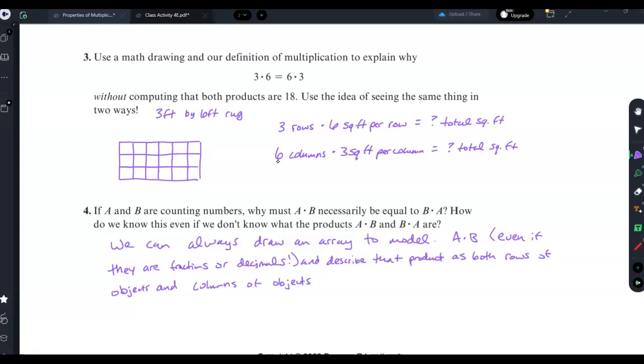So for any numbers, right? Not just 3 times 6. So we could say any number A times any number B. That would be A rows and B objects in each row, versus if I describe it in terms of columns, then it's B columns and A objects in each column.